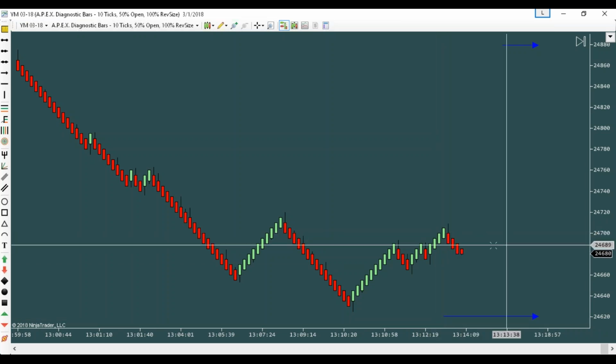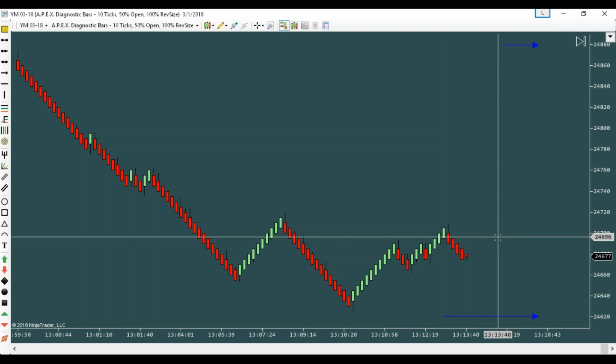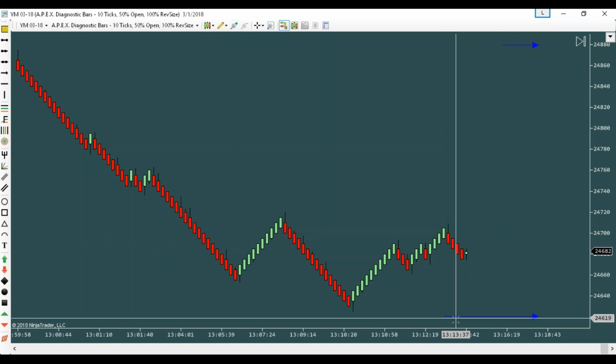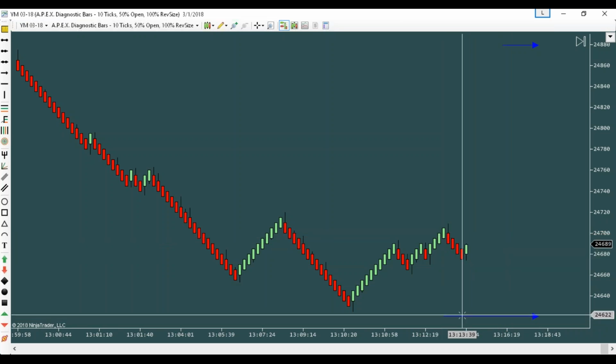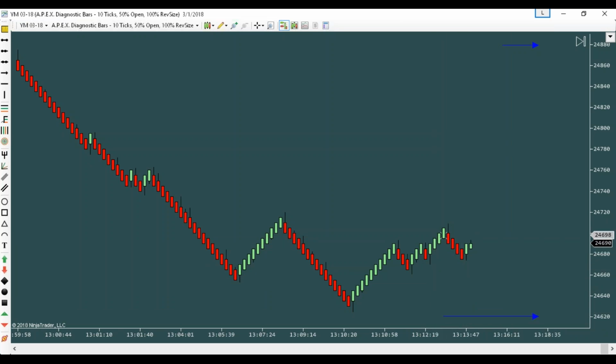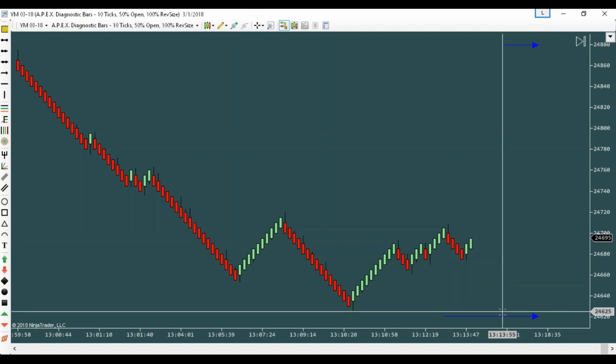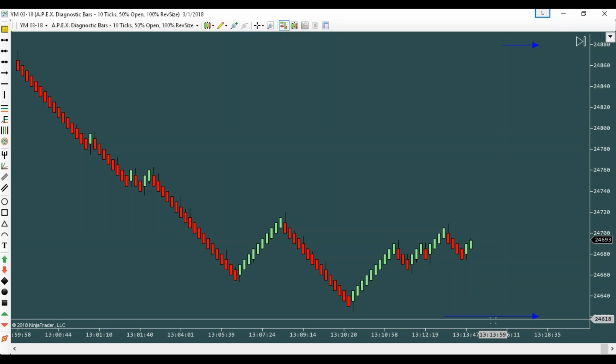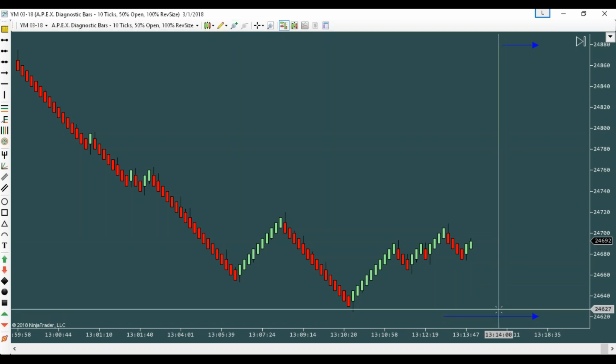If the market just kind of stayed flat where it is, well, the binary would still expire profitable, okay? Because the statement just says that the market will expire greater than this. What if the market came down, down, down, down, down, and came all the way down to right here and then expired? Well, it still expires above my strike price, so it's still profitable, okay?